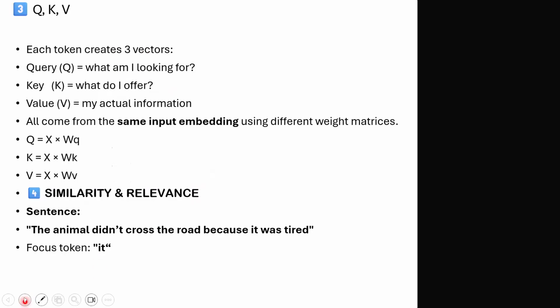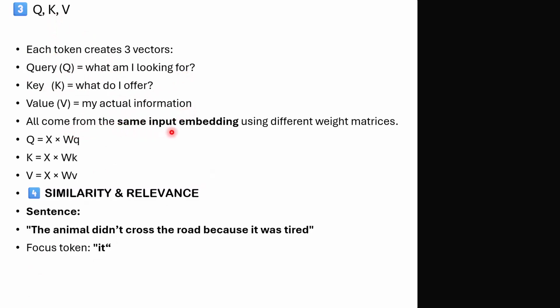So moving to the next one, QKV. As we discussed, each token creates three vectors. The first one is the query, which means what I am looking for, like a Google search. The key is what do I offer, and the value is what is my actual information.